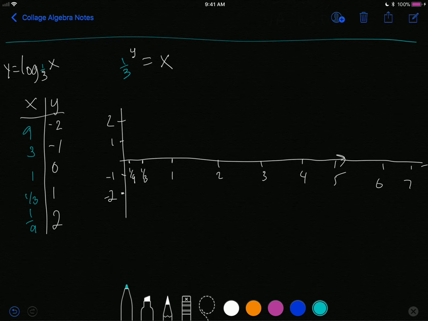So at 1/9, the answer is 2. At 1/3, the answer is 1. At 1, the answer is 0. At 3, the answer is negative 1. And then at 9, way off yonder, the answer is going to be negative 2. So the graph looks like this.